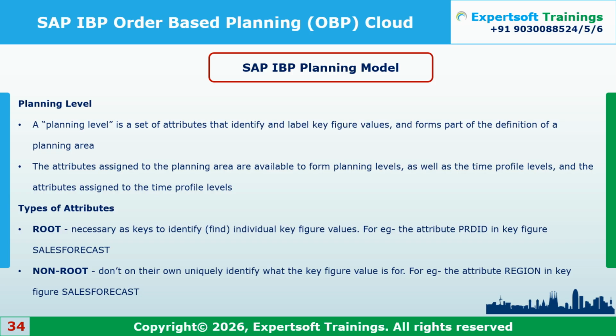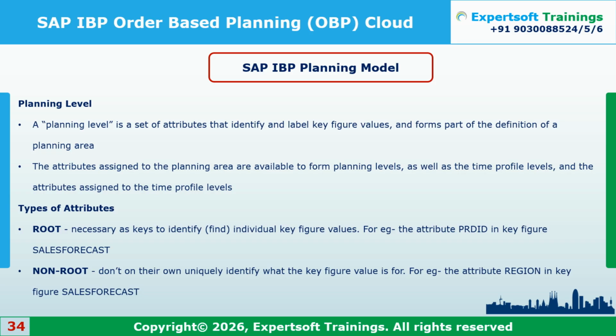Let us say you have sales history. Sales history we generally define at the product, location, customer level, right? The data will be stored at the respective product, respective location, at the customer ID level. Now, if you want to view the data with respect to each product family for your respective products, I want to visualize at the product family level. Then, in order to have that, the product family should be there in your planning level.